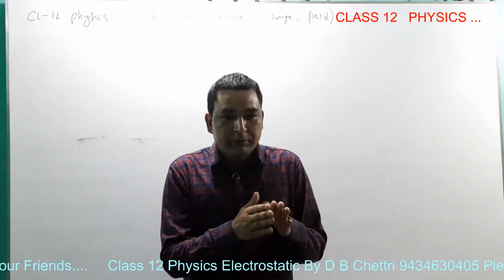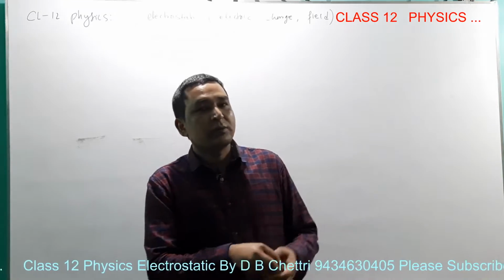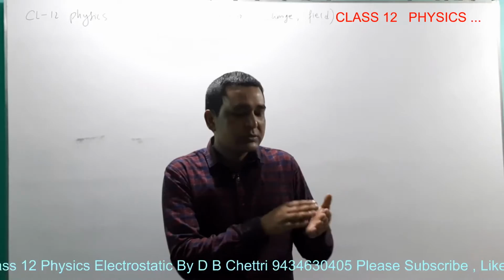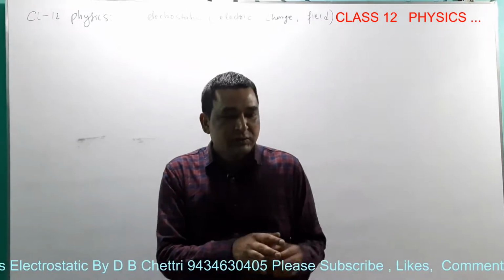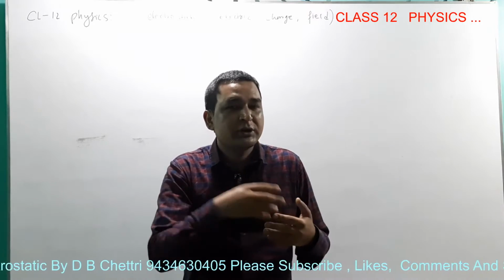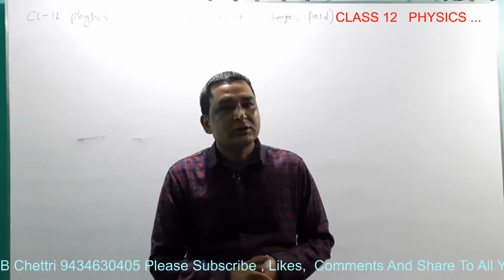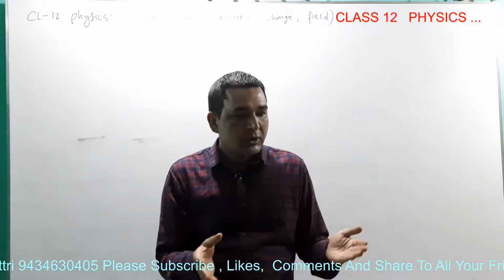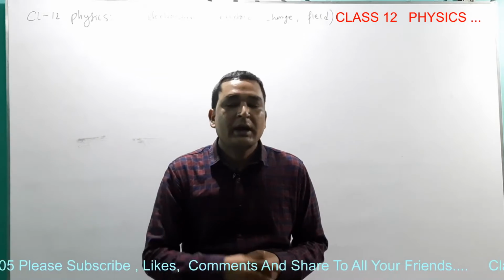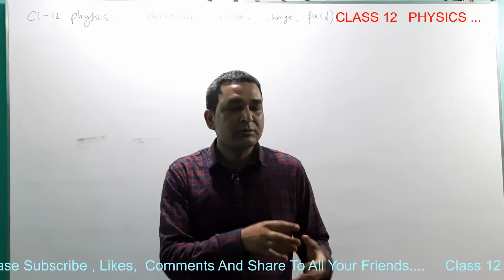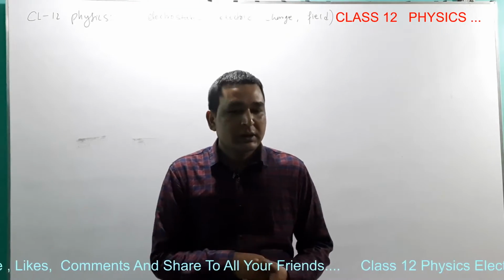When you rub, they get heat energy, and electrons from the glass rod move towards the plastic rod. When electrons move from one body to another, the body becomes charged due to the shortage of electrons. The glass rod becomes positively charged due to loss of electrons, and the plastic rod becomes negatively charged due to gain of the same number of electrons from the glass rod.